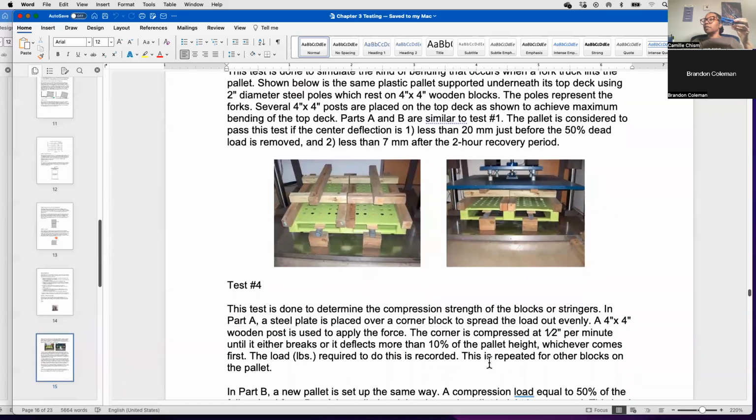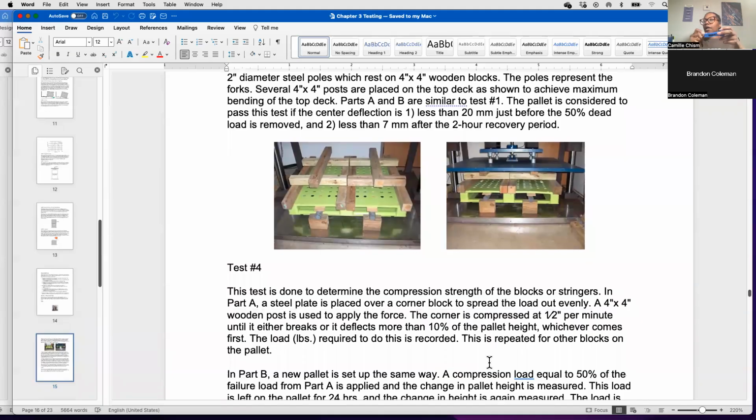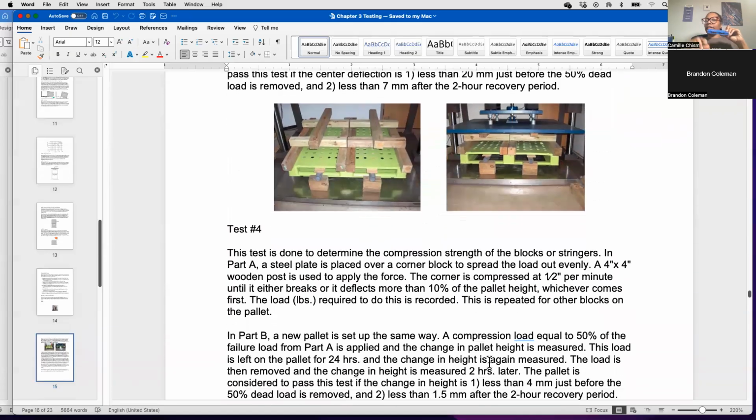The next one is you're looking at the stringers and the blocks on the pallet, and you want to know when it's compressed, how it's going to perform. And you're doing that one until it either breaks or you have deflection of over 10%.